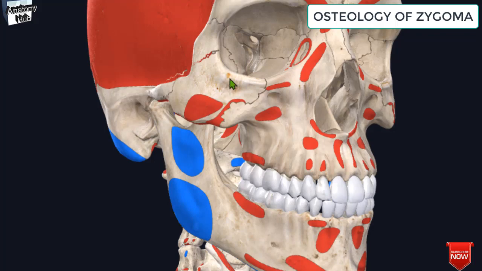So friends, here we have completed the osteology of the zygomatic bone.